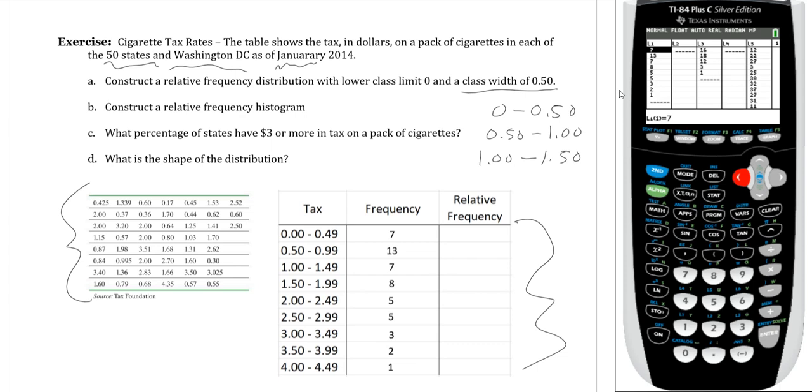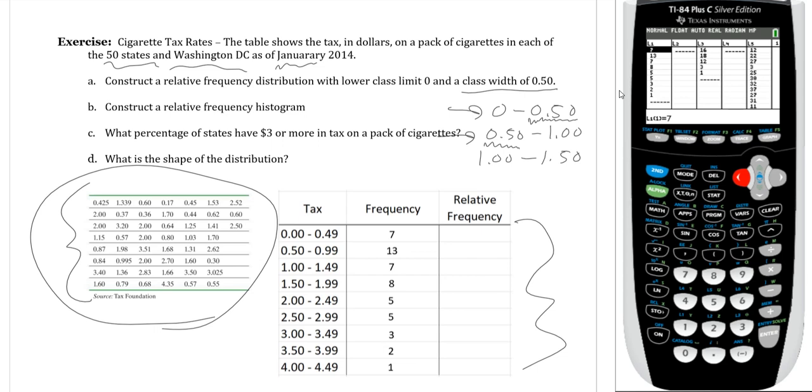The problem with this, the difficulty, is that if you notice, 0.50 shows up both as an upper class and a lower class. So the question would be, if the number 0.50 showed up in this little table, would I put that in the first class or in the second class, or both? Well, the answer should be the second class. You should always include the lower class limits.